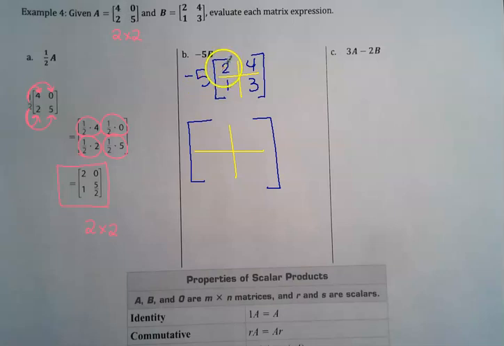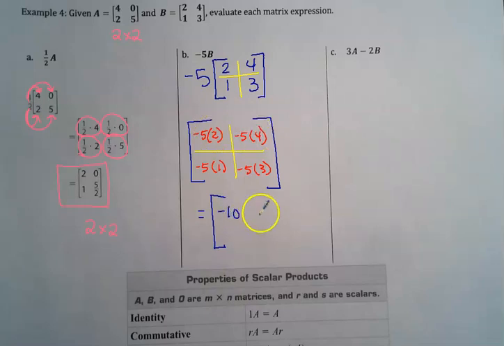So we're going to do negative 5 times 2 for this first place. And then we're going to go over and we're going to do negative 5 times 4. Then we're going to move down to row 2. Negative 5 times 1. And then the next element, negative 5 times 3. Okay, so then this is going to equal negative 5 times 2 is negative 10.